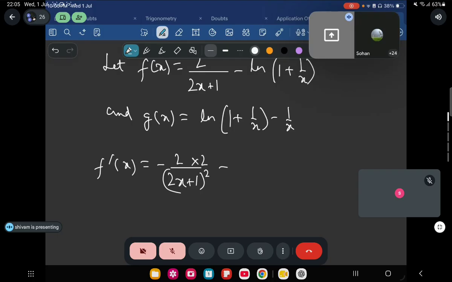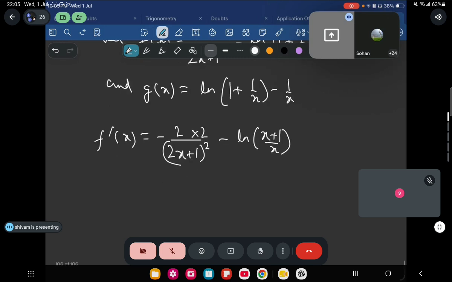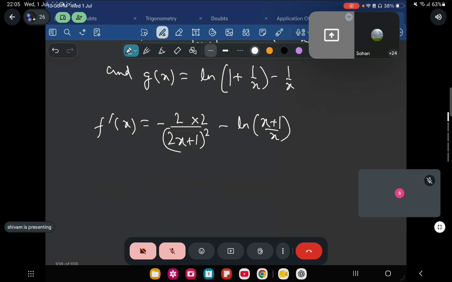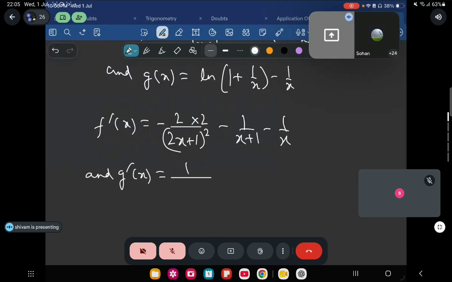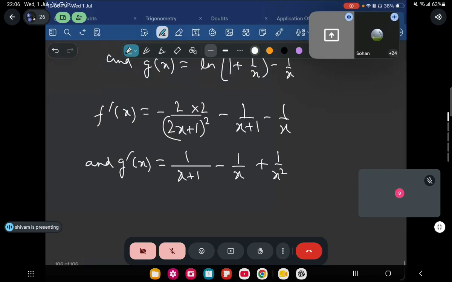Can I write it as ln x plus 1 minus ln x? After taking derivative, it will become 1 by x plus 1 minus 1 by x. Are you getting? And what is g dash x? G dash x will be equal to 1 by x plus 1 minus 1 by x, plus 1 by x square. Are you getting?